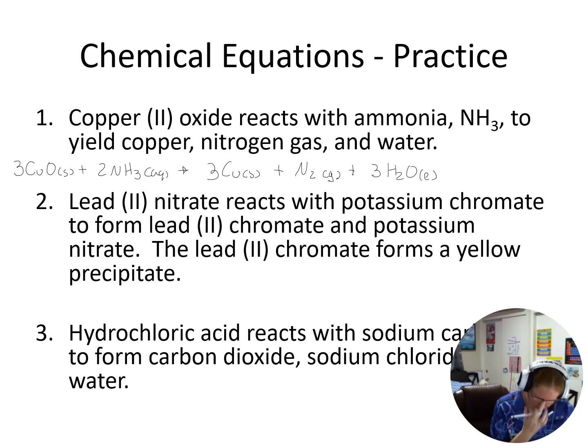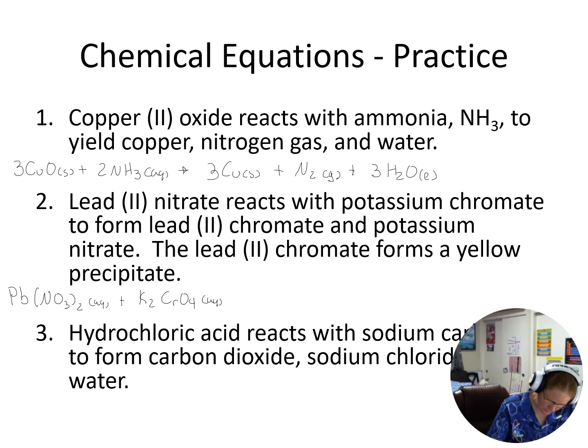All right, then we get this lead 2 nitrate. Okay, and we're going to get some lead 2 chromate. Okay, and it says that that forms a yellow precipitate. So a precipitate is that solid that comes out of solution.